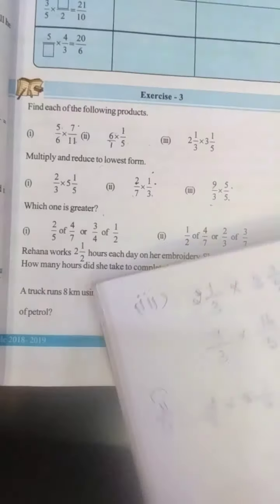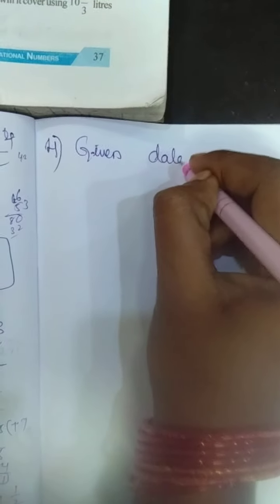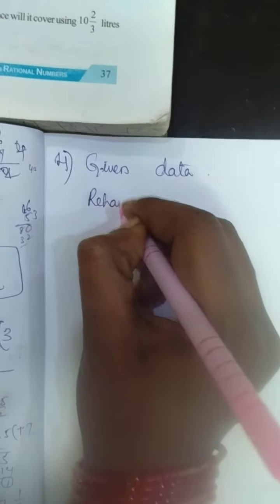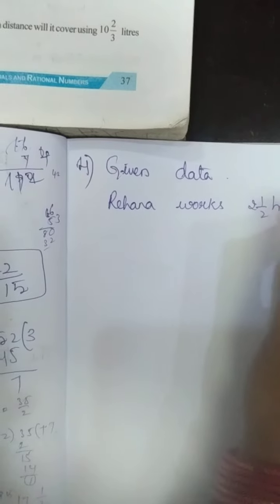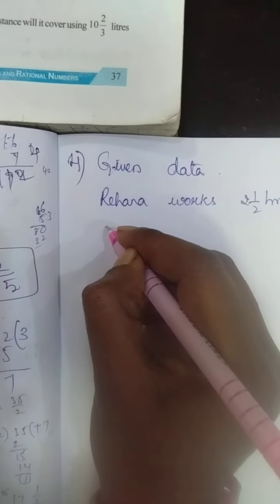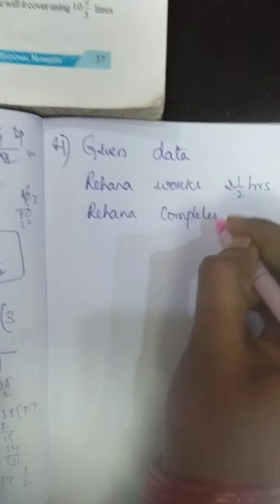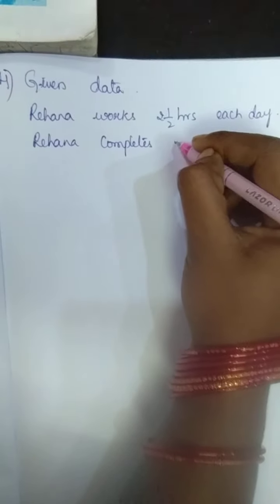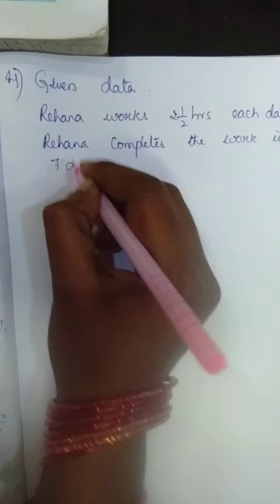So first of all, write down the given data. Fourth question. Rehana works 2.5 hours each day. Rehana completes the work in how many days? 7 days.